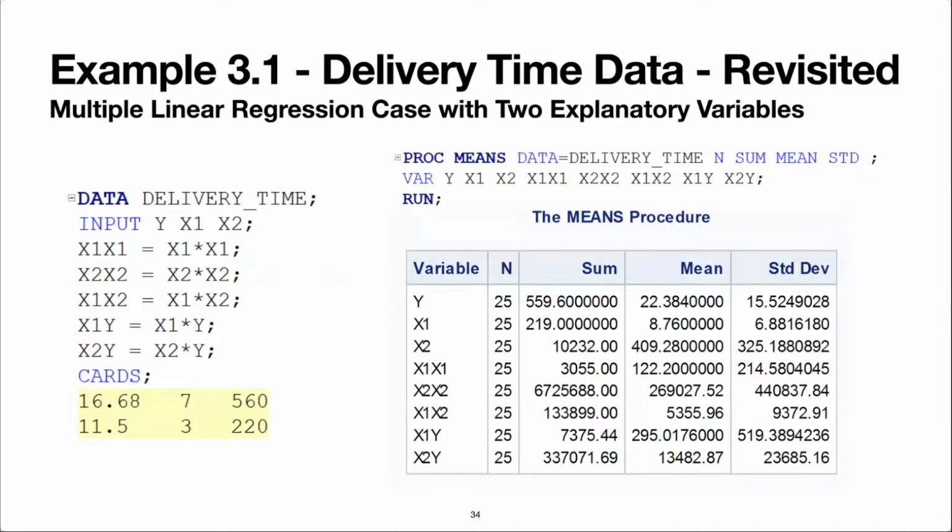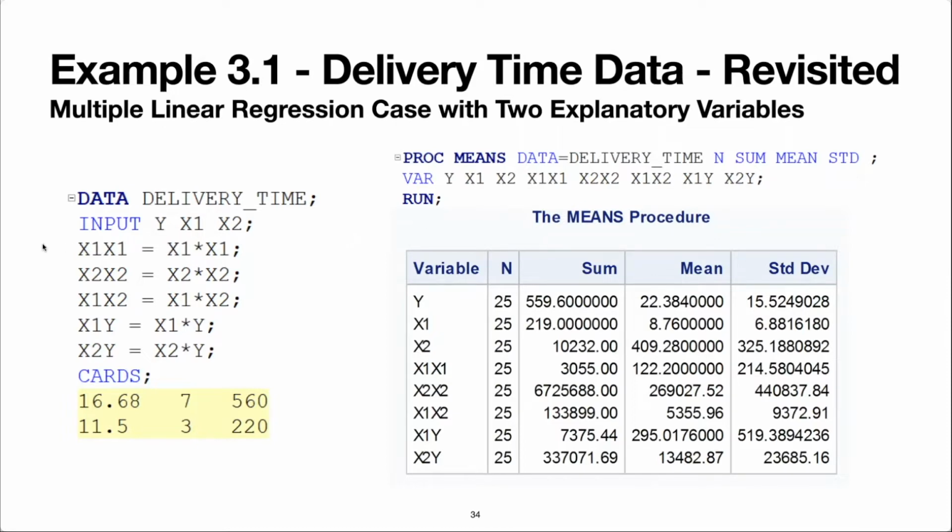Now, we need the various summary statistics, such as the means, the sum of squares, the uncorrected sum of products, and so forth, in order to utilize the shortcut formulas to calculate those corrected sums of squares and corrected sums of products. And to do that, I'm going to use PROC MEANS to calculate summary statistics.